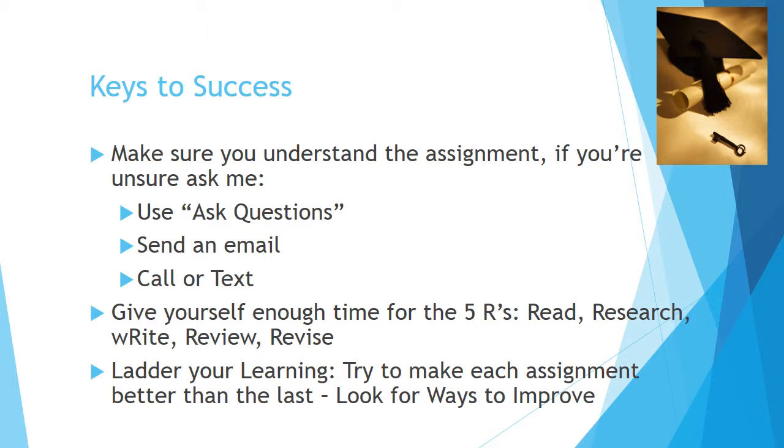You can send me an email, and you can call or text me at the numbers provided in the introductory section of the homepage for where my information is. Now, texting works the best for me. I may not hear the call, I may not get to picking up my voicemail for a while, but a text will generally get through, and you can use the text to tell me, I have a question in Ask Questions, I need to know now.